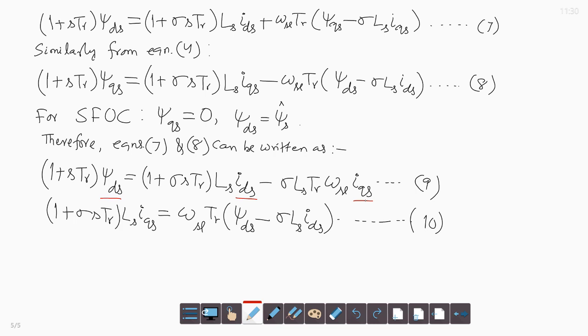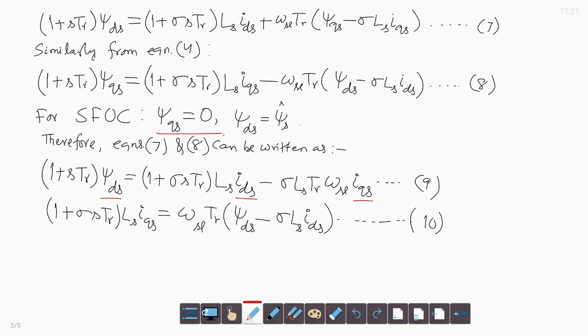That concept of vector control is psi ds should be controlled only by ids and iqs should not affect the stator flux psi ds. iqs should affect only the torque at a given psi ds. But from equation 9 we see when iqs is changed to control the torque, that also affects the psi ds. So, decoupling is not obtained. Similarly, from equation 10, psi ds, ids and iqs all are related. So, they are dependent. So, even if psi qs is 0, decoupling is not obtained.